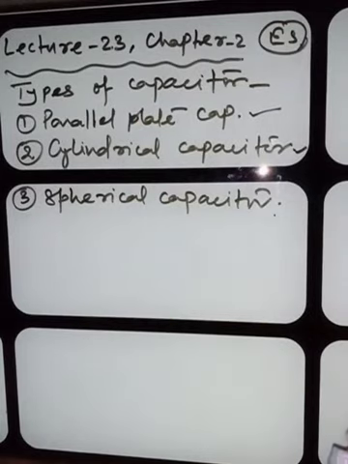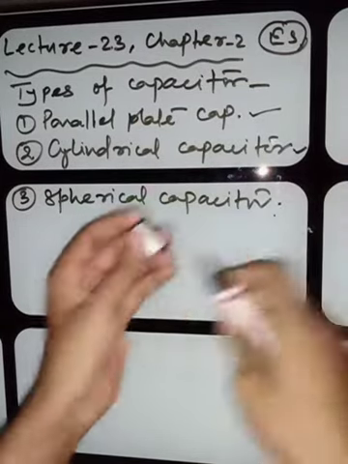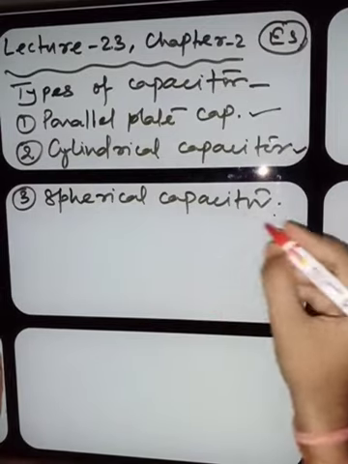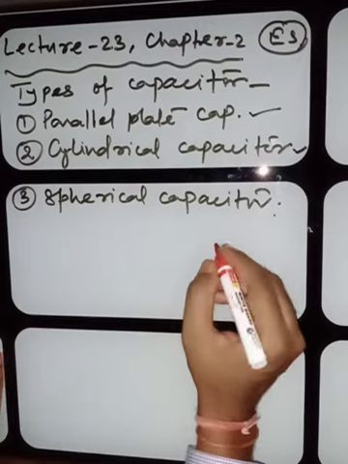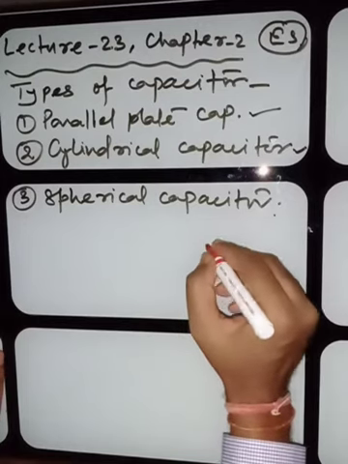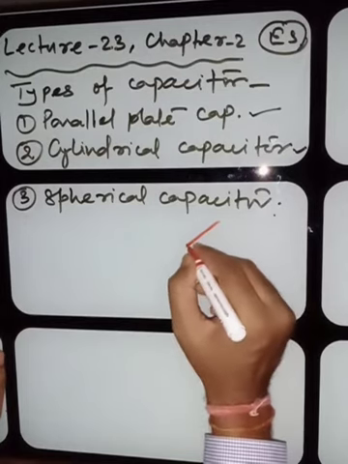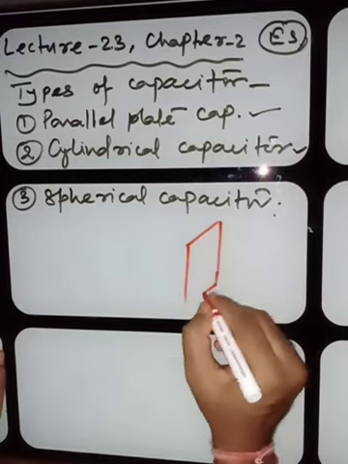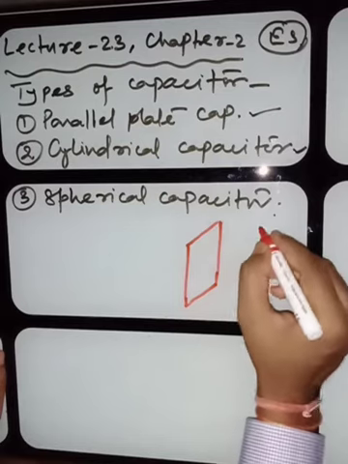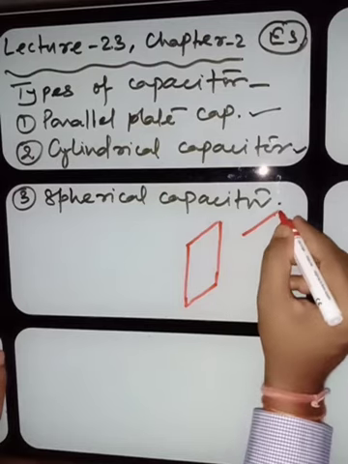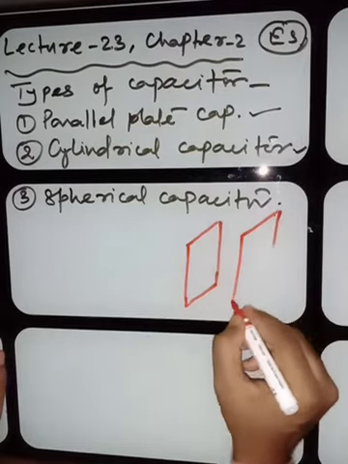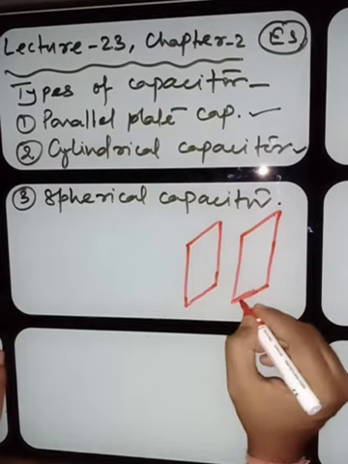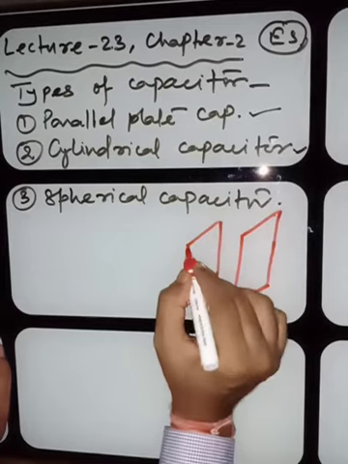So look at here carefully. This is parallel plate capacitor. Suppose this is the structure. I'm not drawing the three-dimensional picture here because you might be confused.